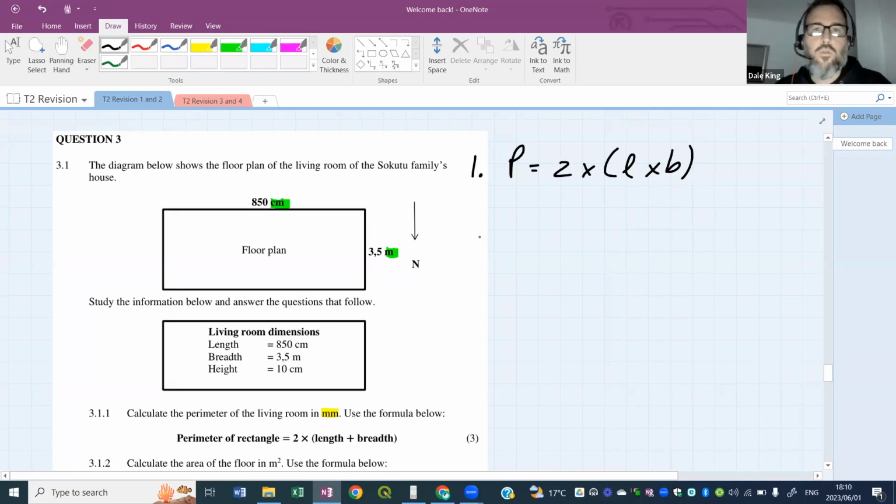I'm just writing the formula out. You guys keep going. You do have to do some converting first before you go into the formula, so it takes a little bit of time. It's for 3 marks, this question.